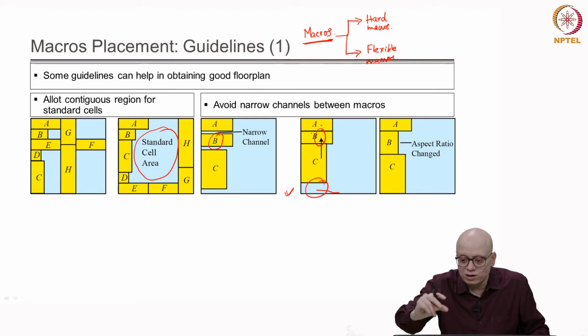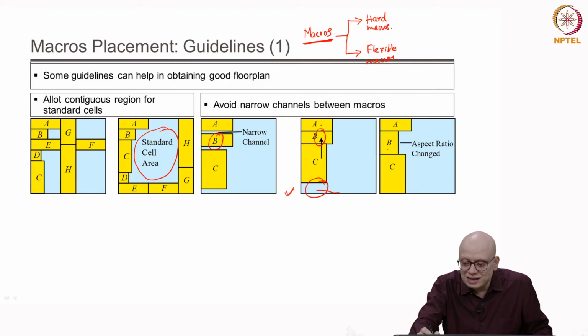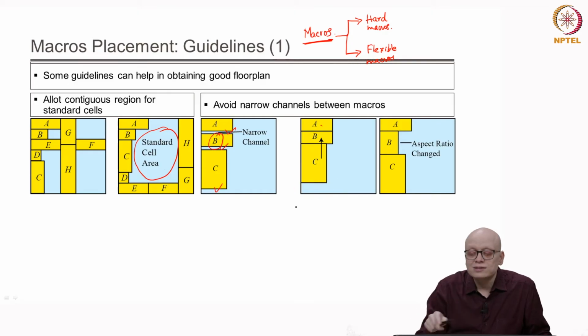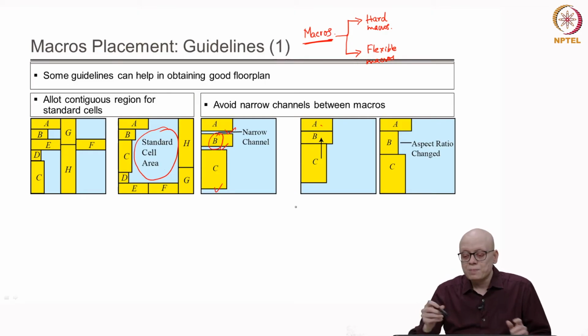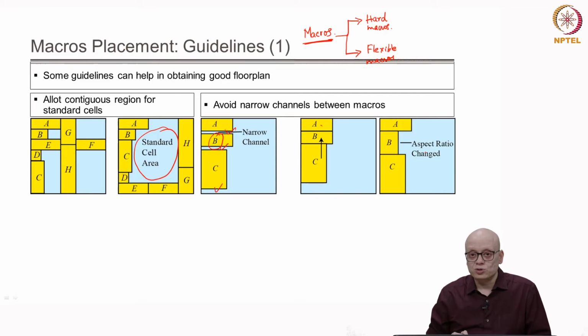We make it taller and thinner or less wide, and we can get rid of these narrow channels. So, if that is allowed, then we should do this. We can fix this problem of narrow channels by changing the aspect ratio of the flexible blocks.